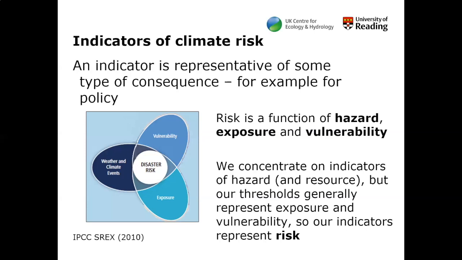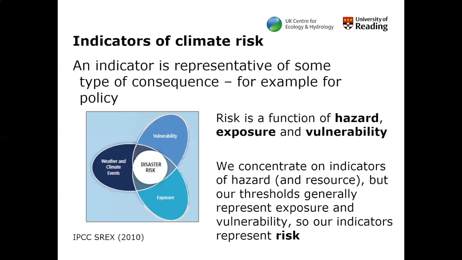But we think that most of our indicators, not all, but most, because they use thresholds that represent some important policy level, implicitly have some aspect of exposure and vulnerability wrapped up in them. So although we're looking at measures which start by looking at climate hazard and the climate resource, the thresholds, criteria and indicators we're using are ones that have been identified as being meaningful.